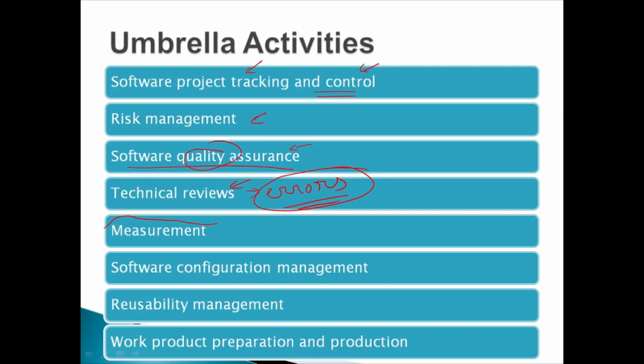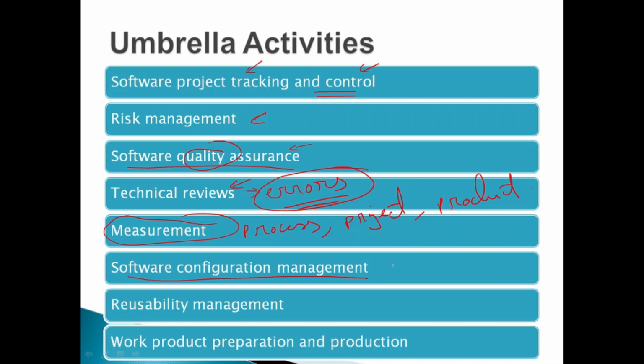Next one is measurement. It defines and collects process, project and product measures. Okay, that assist the team in delivering software that meets customers' needs. Okay, next one is software configuration management.